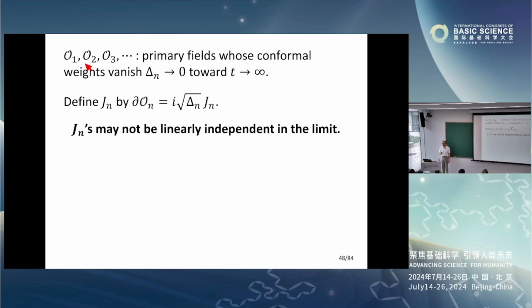I'm not assuming that there are infinitely many of them, but supposing there are several of them, for each one of them, you can define Jn. And these Jn are linearly independent before you take the limit because these operators On are linearly independent. But if you take the limit where delta goes to 0, then there might be relations and they may not be linearly independent. So before we do anything, we want to find out whether there are any relations between the J's.